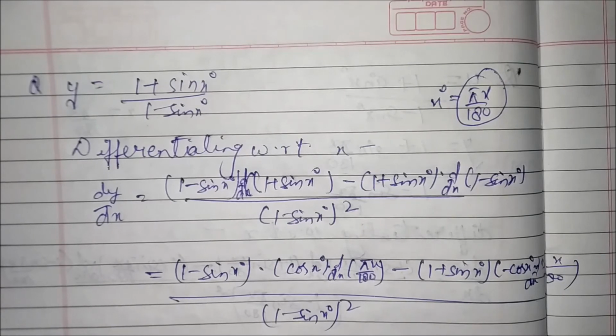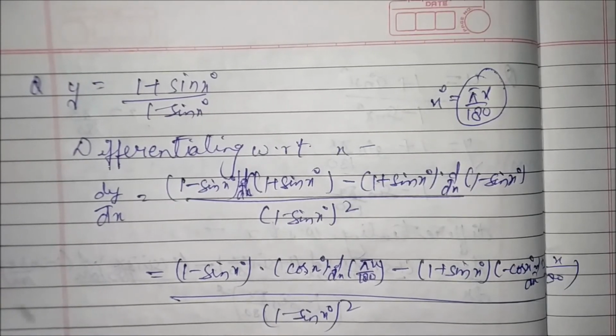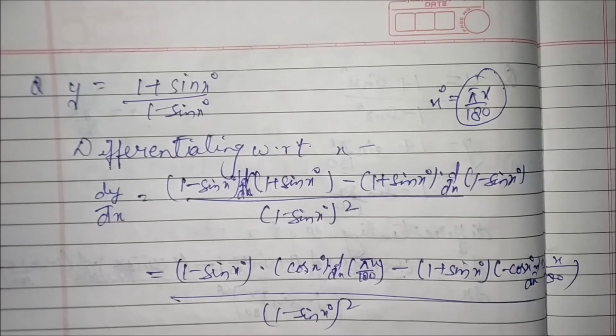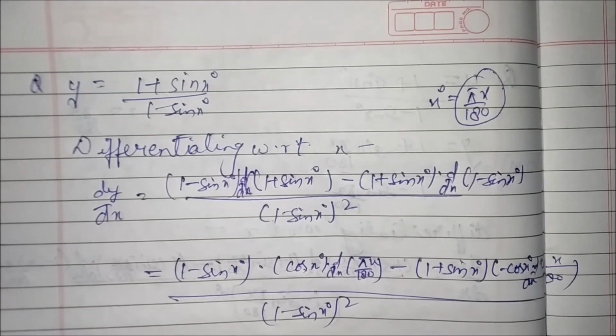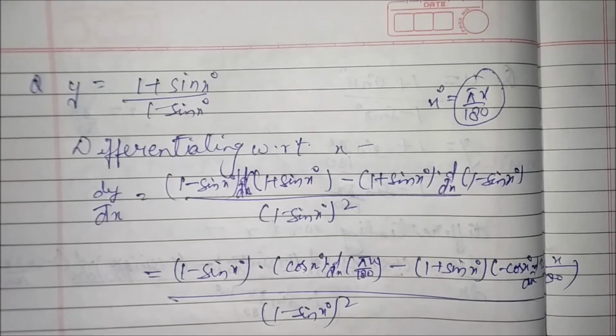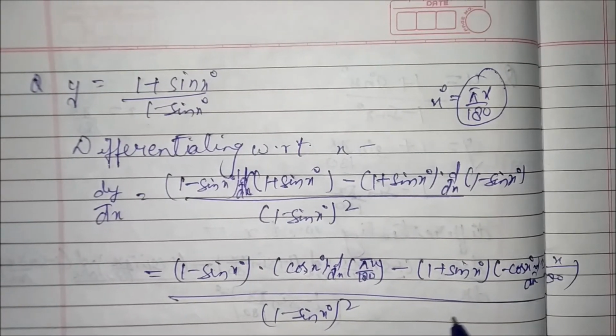Now we have to multiply this, we get cos x degree minus sin x degree cos x degree into pi by 180. The derivative of pi x upon 180 is pi by 180.